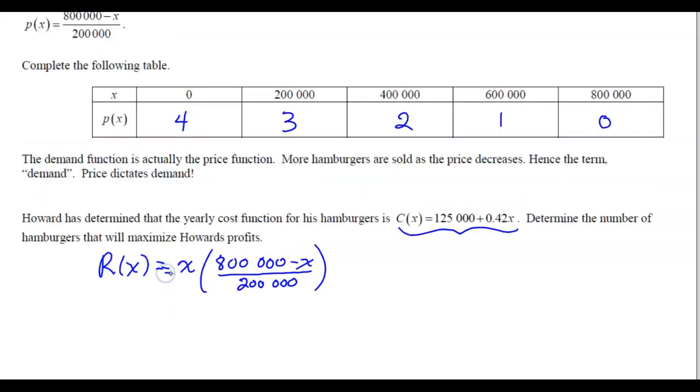So you could expand this out, right? You could simplify by the 200,000, expand through by x. So what would that be? 4x minus 1 over 200,000 x squared.